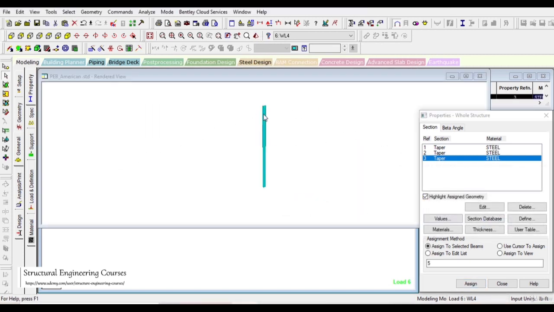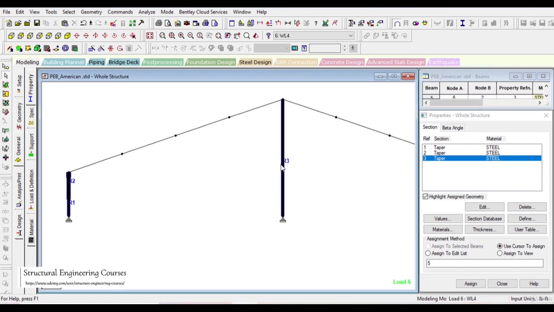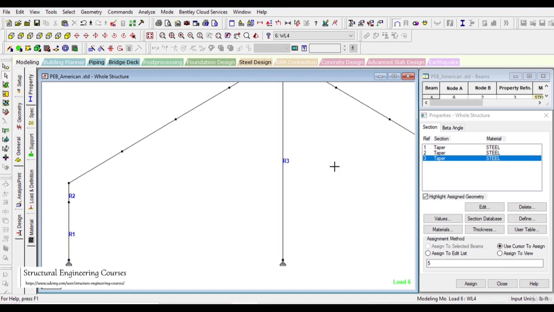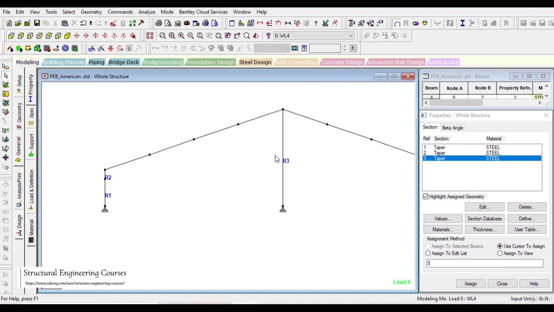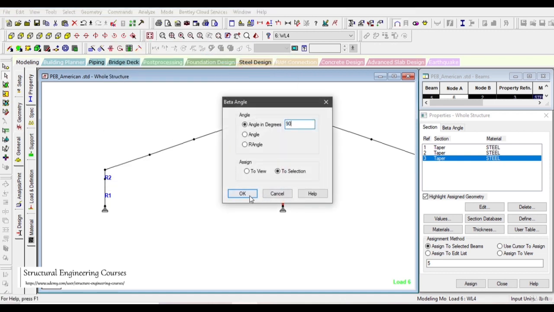Now let us check the orientation. The orientation of this member here is like this. So this member is resting on the web of this member. So what we can do is that we can go to the commands, geometric constant, beta angle, and 90 degree.